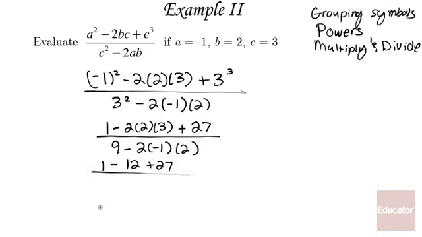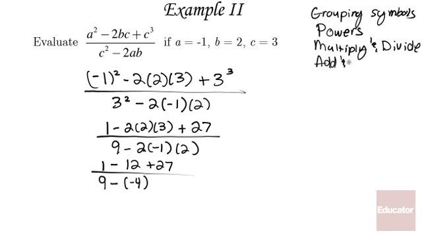Now in the denominator, I've got 9, and then I've got minus 2 times negative 1. So 2 times negative 1 is going to give me negative 2. Negative 2 times 2 is going to give me negative 4. Okay, so now I've taken care of all the multiplication and the division.